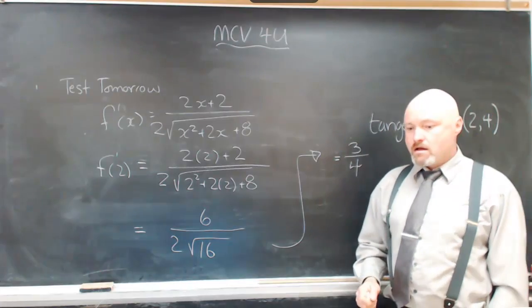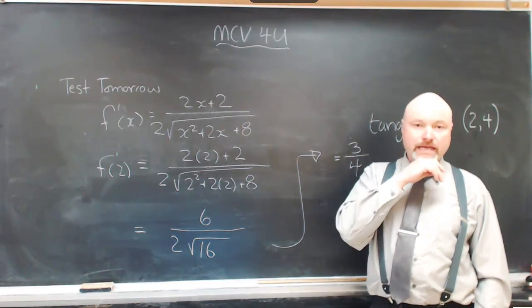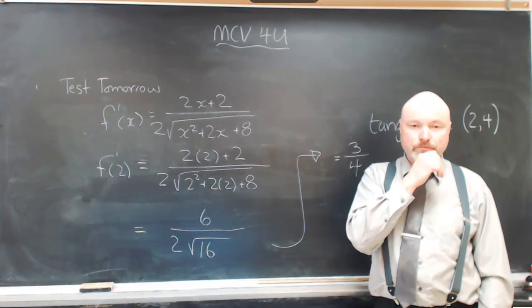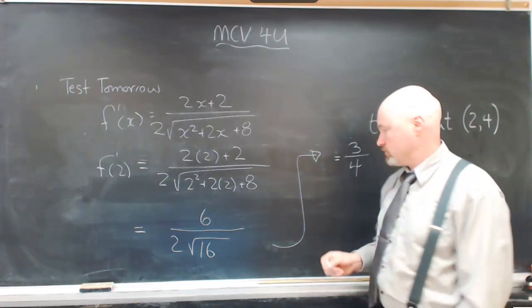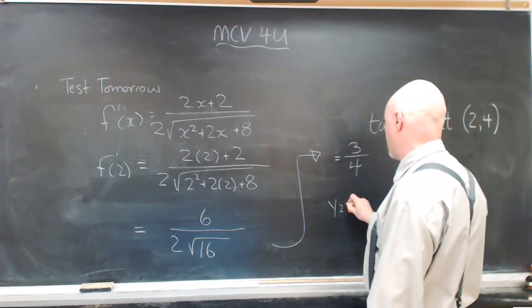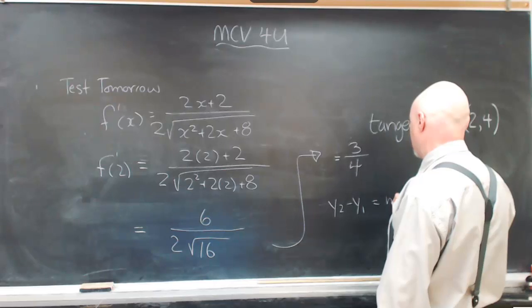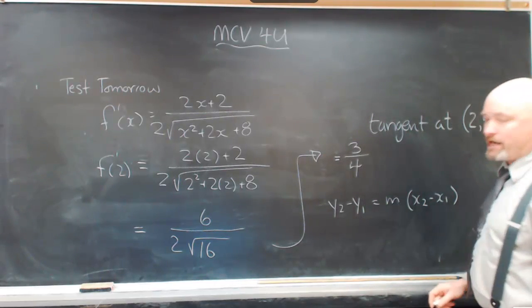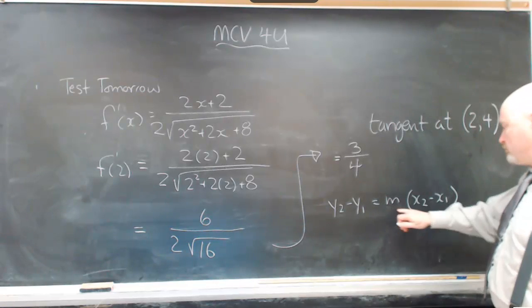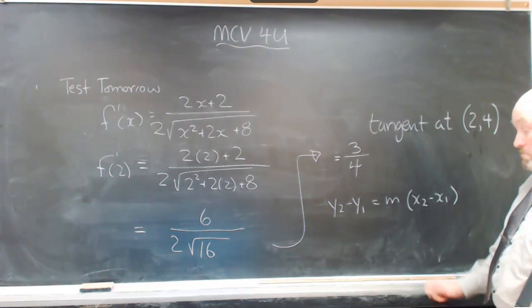And how you want to find the equation of the tangent is completely up to you. But the point slope form is the easiest one. So y2 minus y1 is equal to the slope times x2 minus x1.